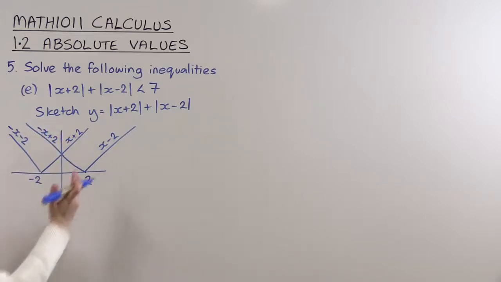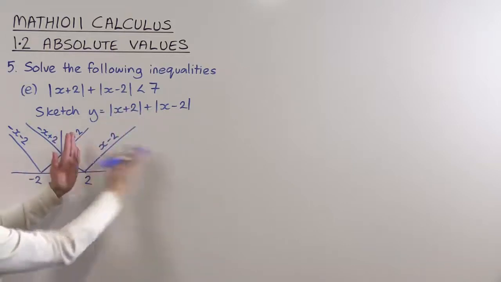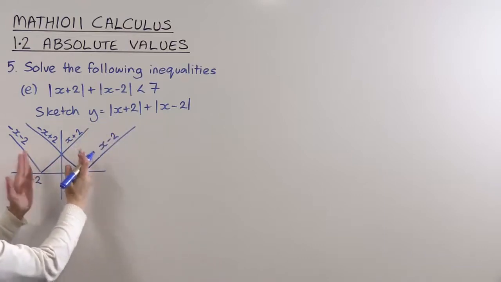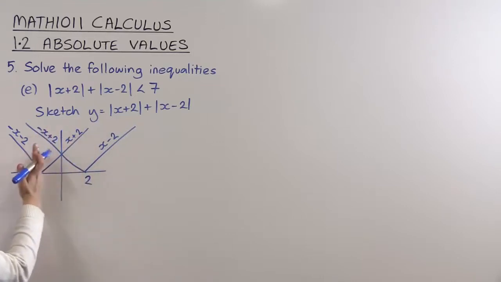So what's happening is we're adding these together, but on this side of 2, we're going to add these equations. In between minus 2 and 2, we're going to add this equation with this equation, and then left of minus 2, we've got 2 different equations to add there.